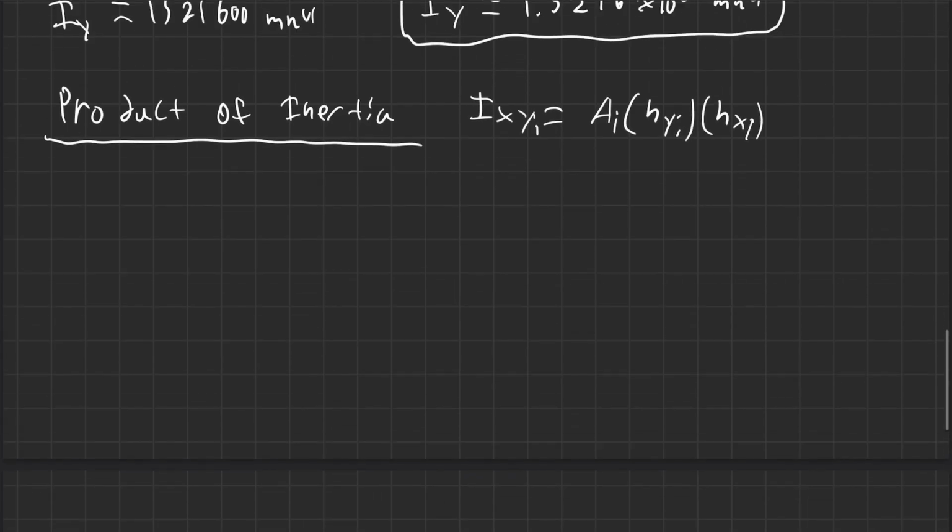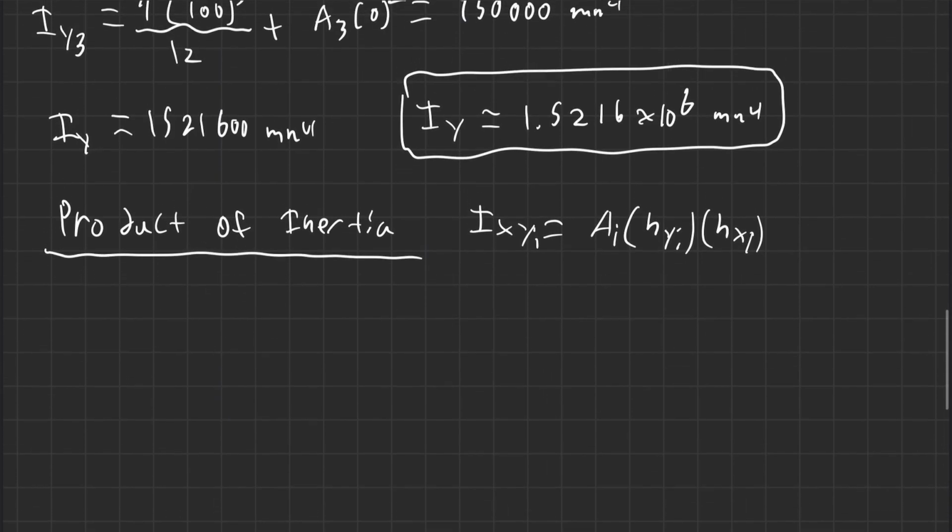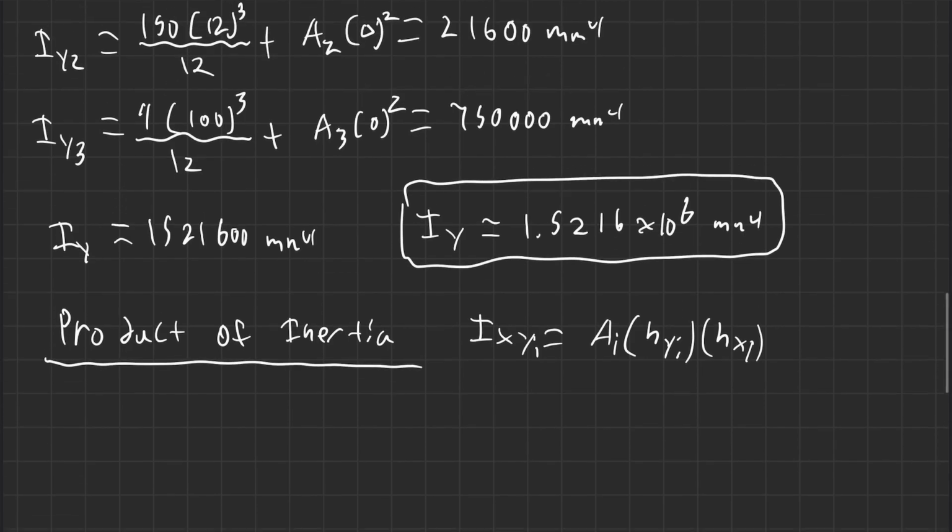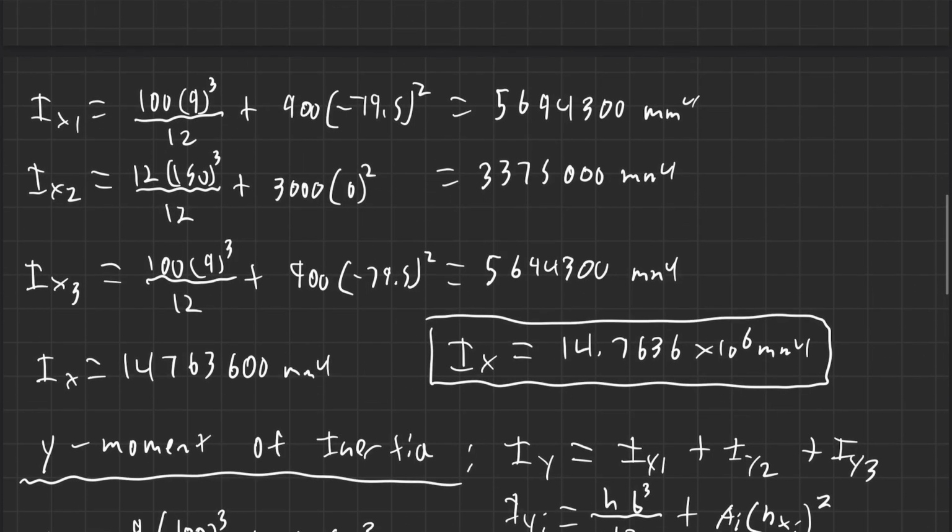So this is multiplying the hy by the hx and the area, and you have to do that for each one and add it up. So let's just do it and prove that it equals 0.